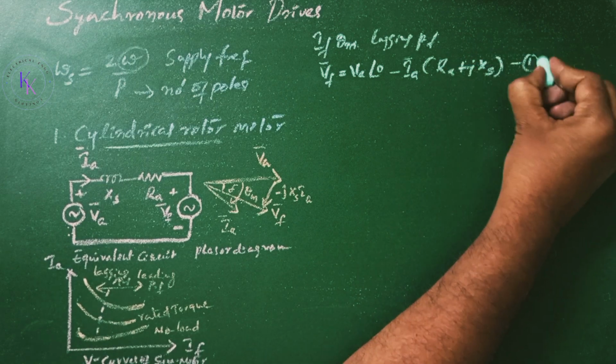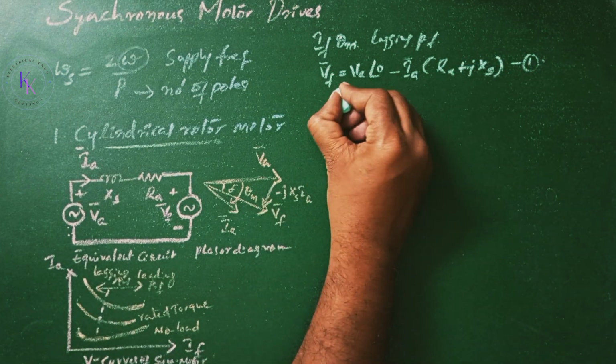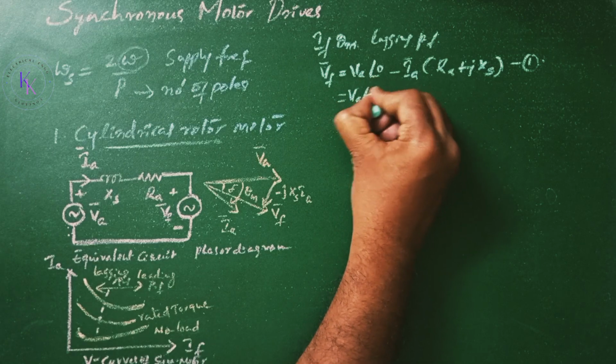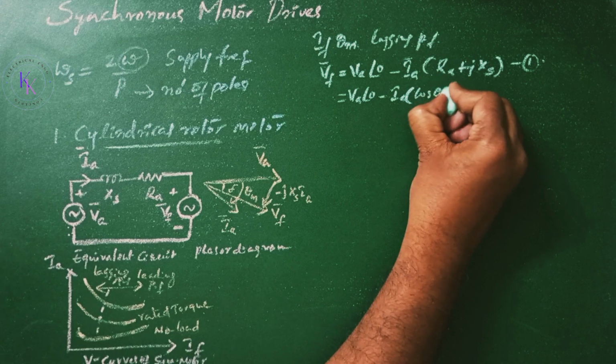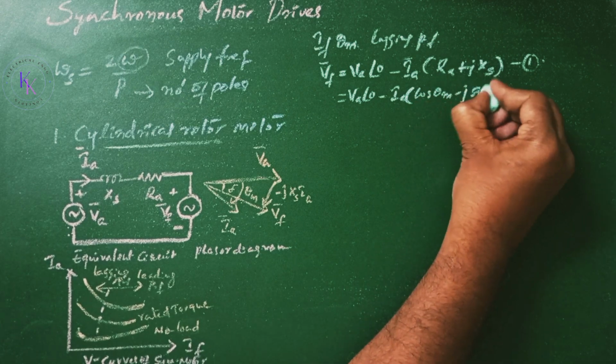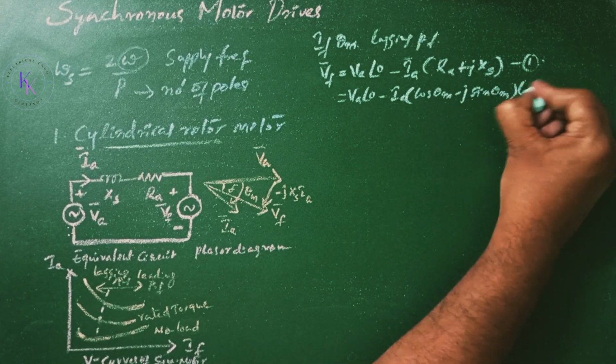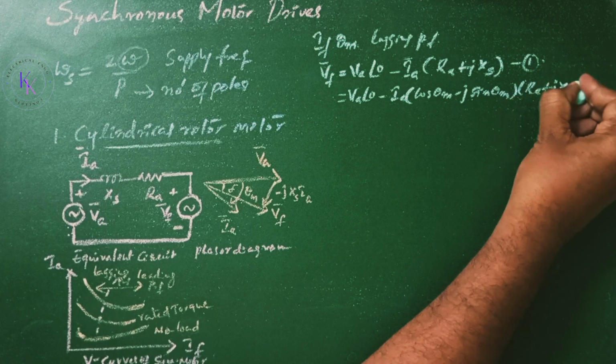Equation number 1. Then this we can write as Va at an angle 0 minus Ia of cos theta m minus j sin theta m of Ra plus j XS.